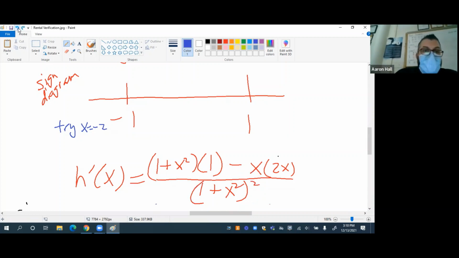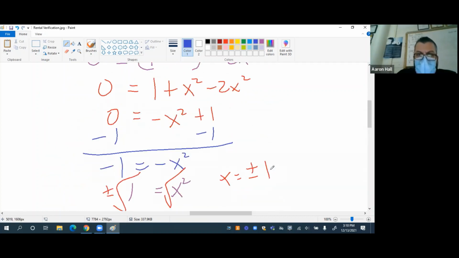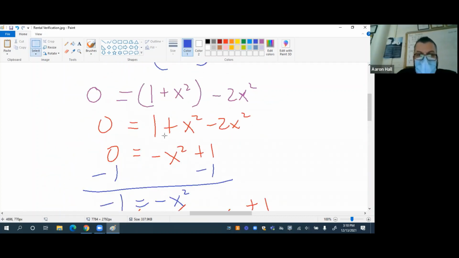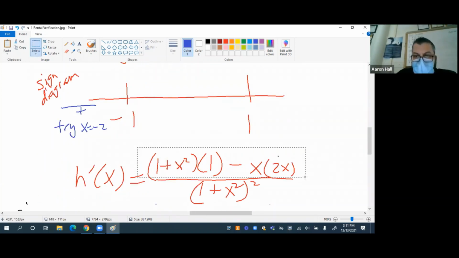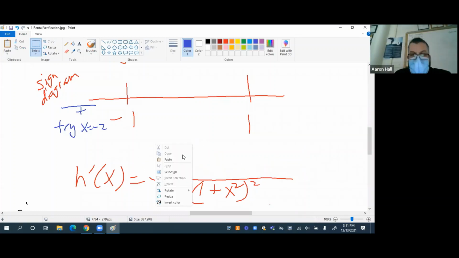Okay, so the denominator is positive, and then the numerator, actually it'd be more helpful if I use this other piece that I simplified. Didn't we simplify the numerator to be this? Let's use that in our numerator. We simplified this already to give us this. So let's just put that back in.